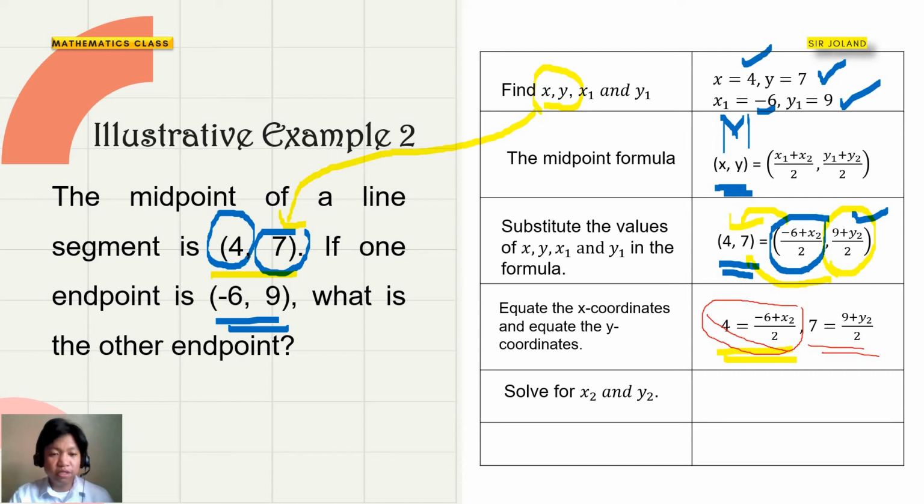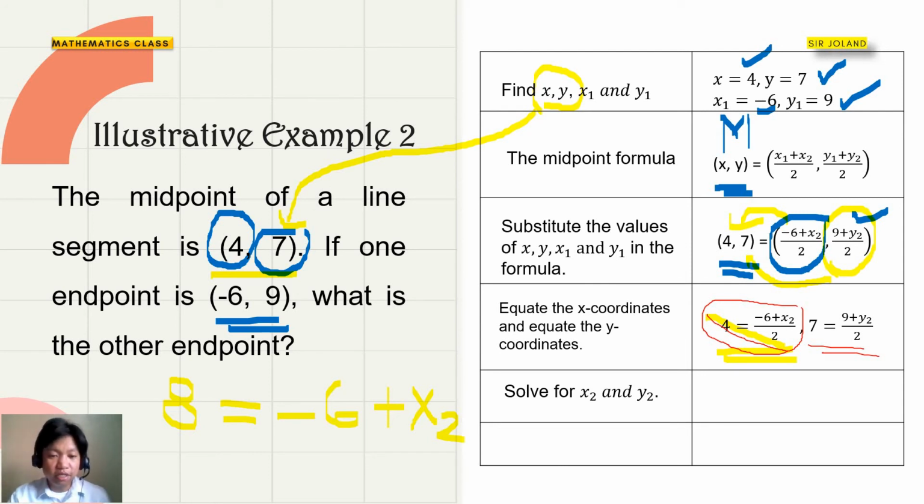Magkakaroon ka dyan ng 8. Okay? Gamitin natin to. Here, you just write 8 here. Tapos, equals. Okay? Equals natin. Dahil ito ay multiply natin yung 4 sa 2, equate na natin siya sa negative 6 plus the x sub 2. Ayan. And then, again, we're solving for the value of x sub 2.